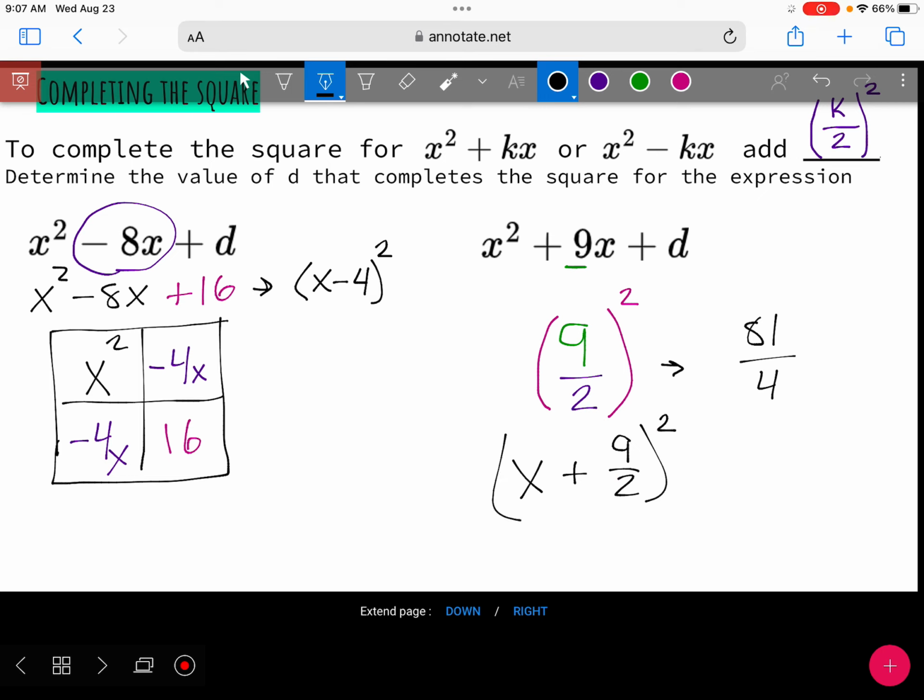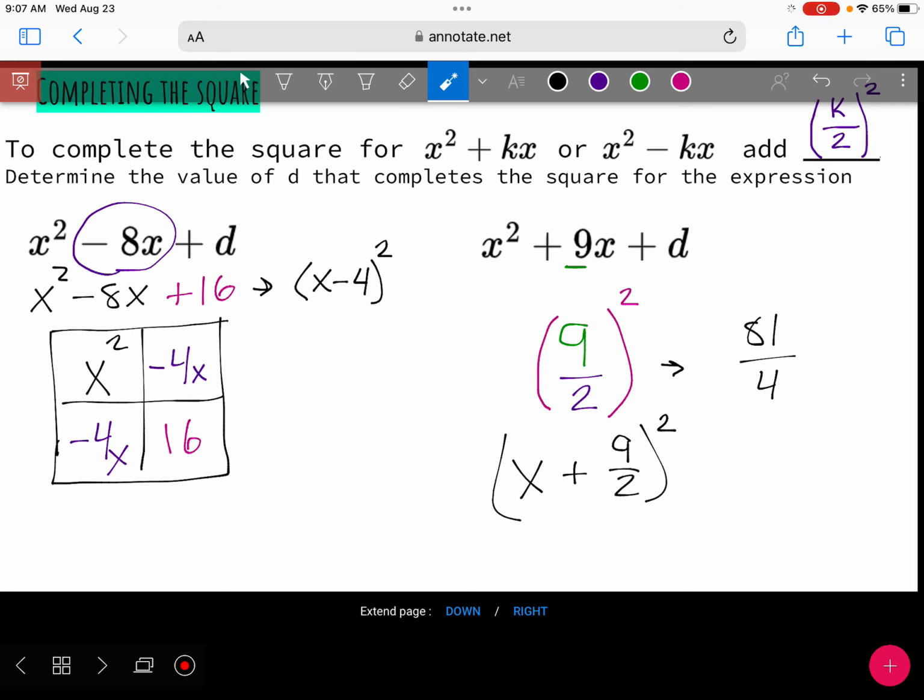It's always going to be whatever the inside piece here is. Right now, we're just focusing on what gets added on the end, and it's k over 2 squared. K over 2 quantity squared.